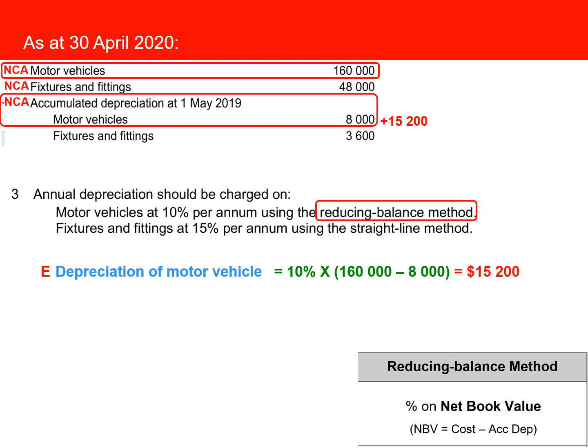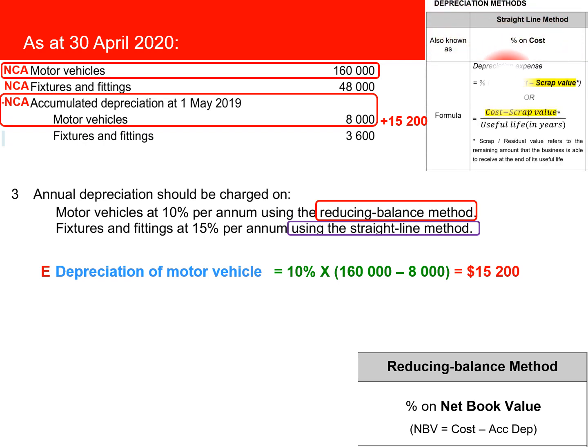and fitting as well. Okay, so now let's take a look at how we're going to calculate depreciation for fixture and fitting. For fixture and fitting, the question tells us to use the straight line method. So again, let's recall the formula for the straight line method.